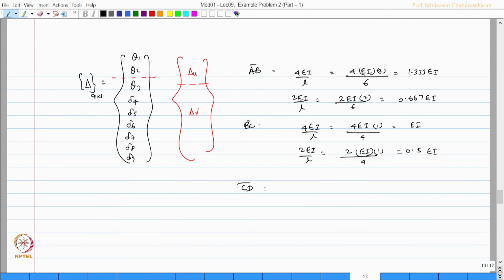For the member CD, 4 EI by L could be 4 EI into 2 by 6, which is 1.333 EI. Then 2 EI by L will be 2 EI into 2 by 6, which is 0.667 EI.